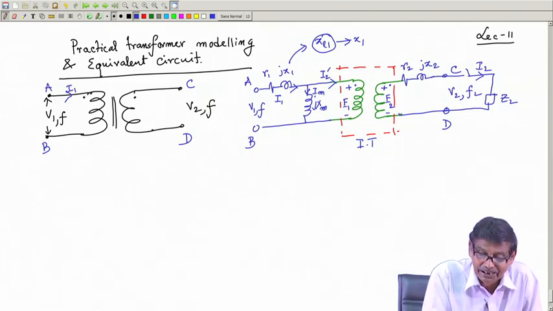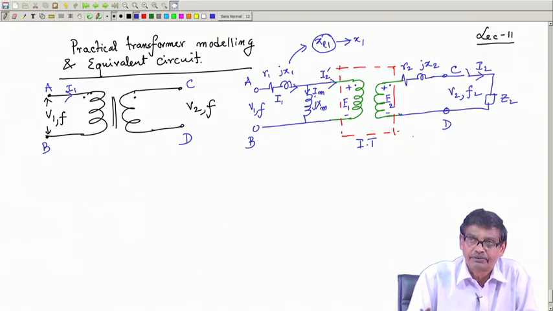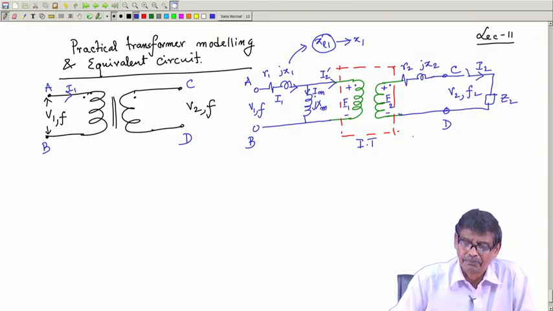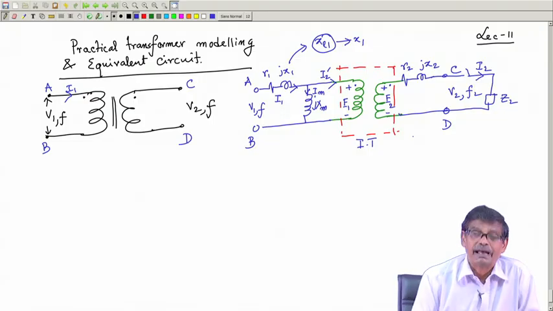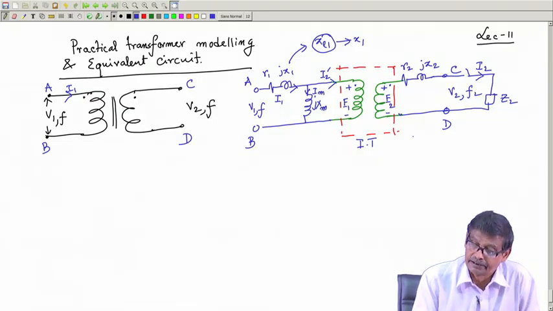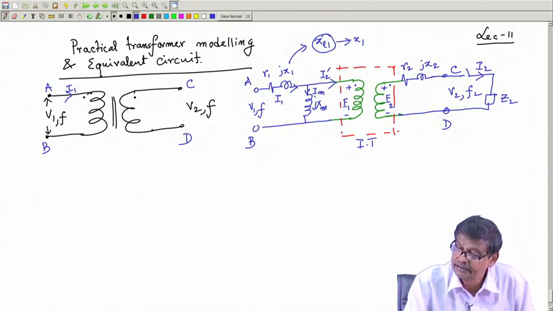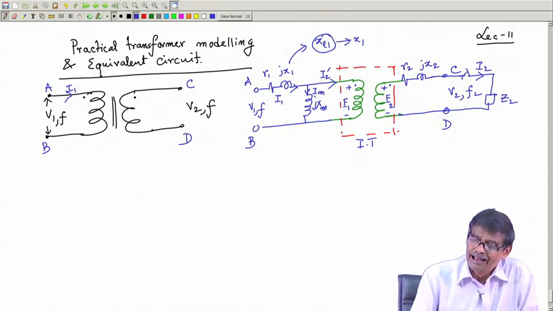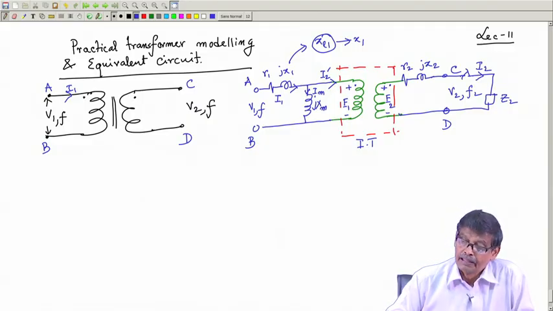I cannot go inside the practical transformer to see these things, they are not there in fact. It is my way of modeling so that everything matches and predicts correctly. So, this is I1, this is I2 dash, this is Im, and this is your I2. And then we drew the phasor diagram, which I am not drawing once again.